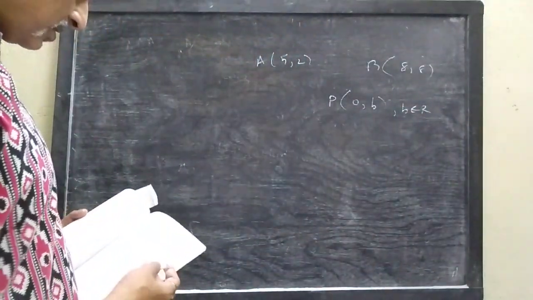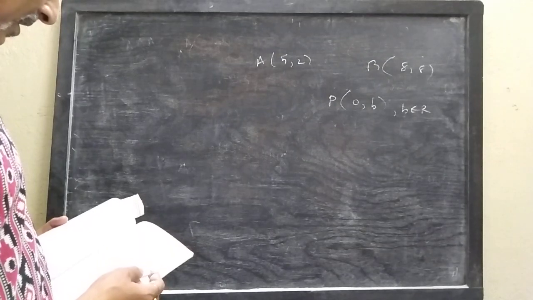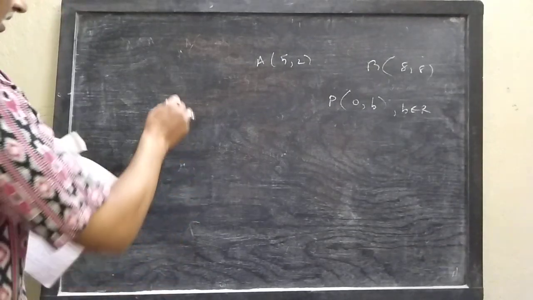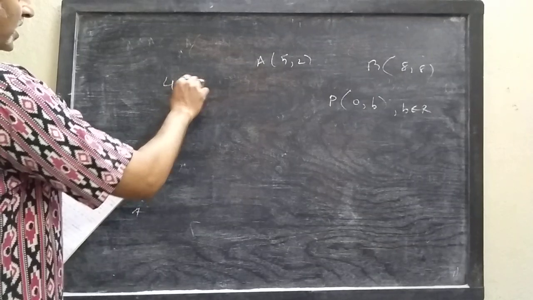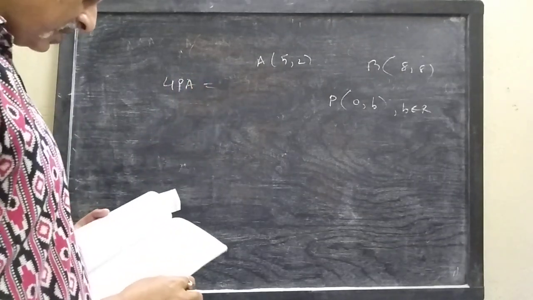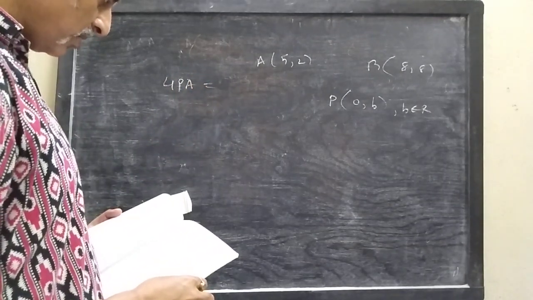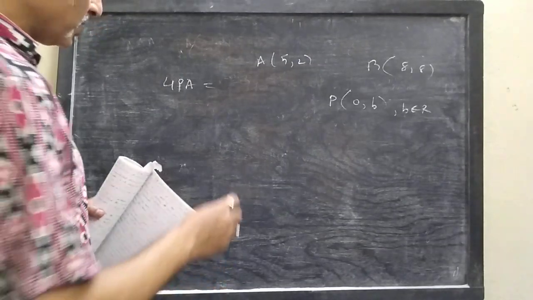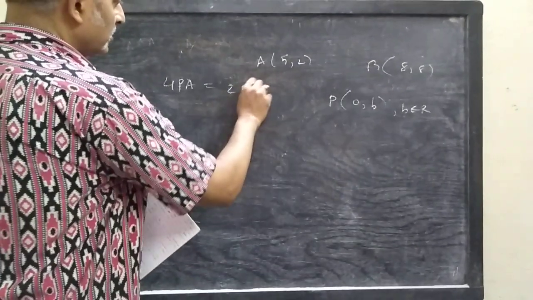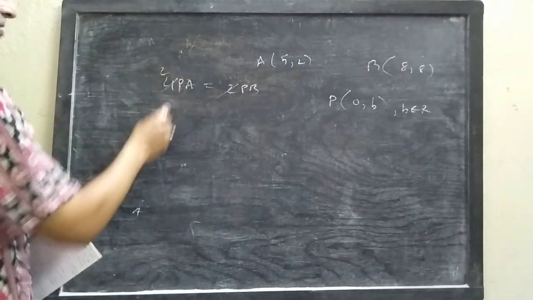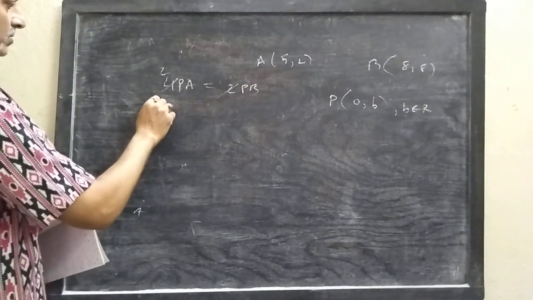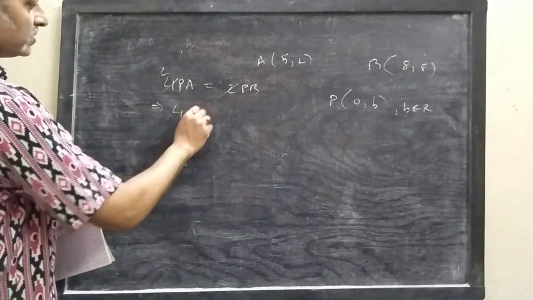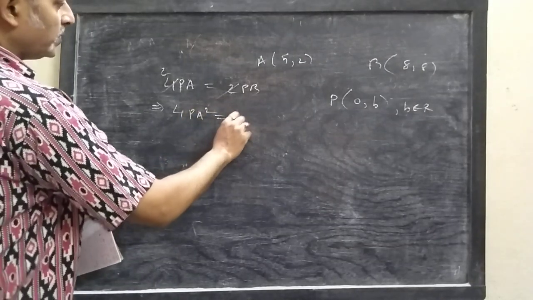Now according to the question, 4 times its distance from A, that is 4 times PA, is equal to twice its distance from B, that is twice PB. Now square both sides. 4 PA square equals PB square.